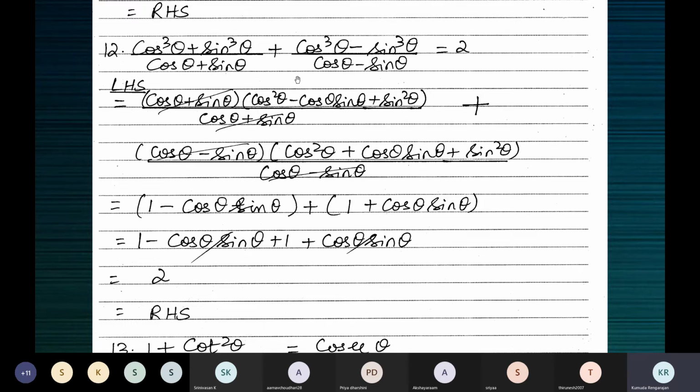So sin square theta plus cos square theta is 1, minus cos theta sin theta. Plus, here also we have cos square theta plus sin square theta, which is 1. So 1 plus cos theta sin theta. Open the bracket. These two terms get cancelled. 1 plus 1, which is 2.